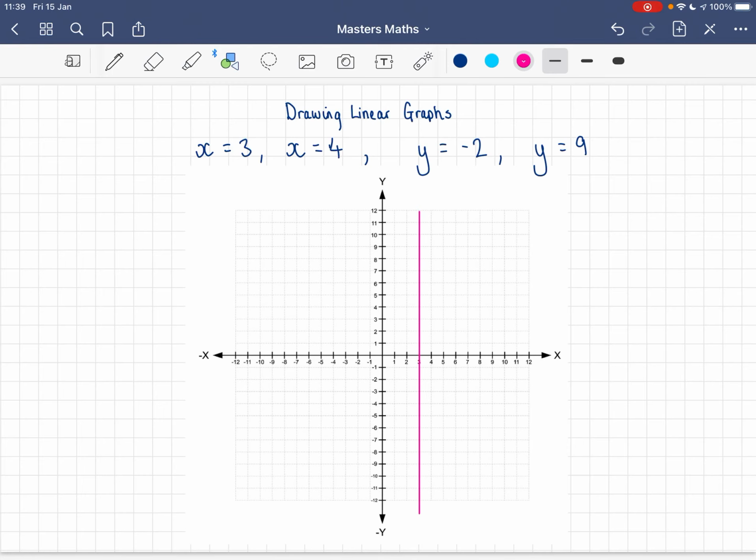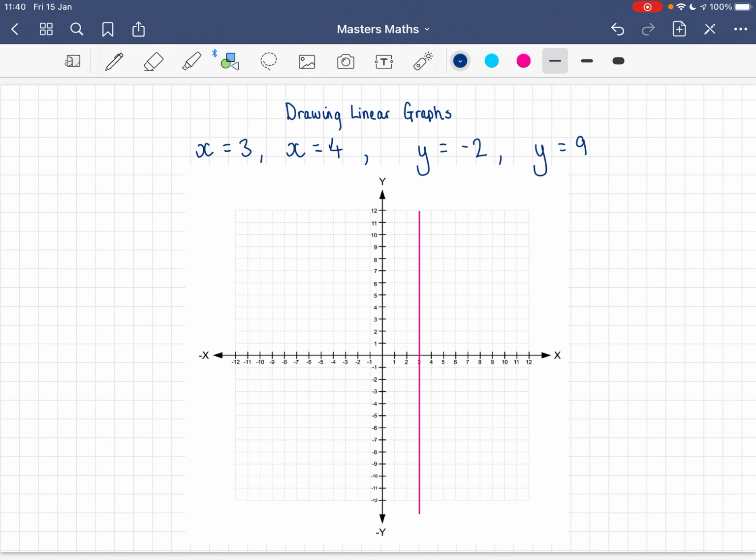Every single coordinate on that line has an x value of 3. There, (3, 3), (3, 7), (3, -7), (3, -11). Whichever point on that line you choose would have an x value of 3. The y values will change as you go up and down the line, but the x value is staying consistent.